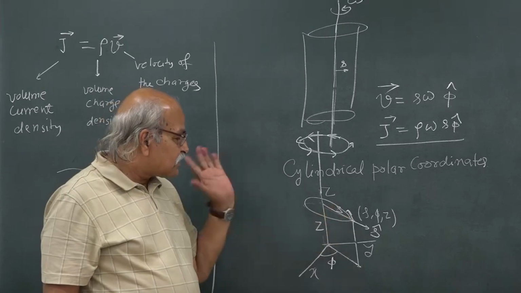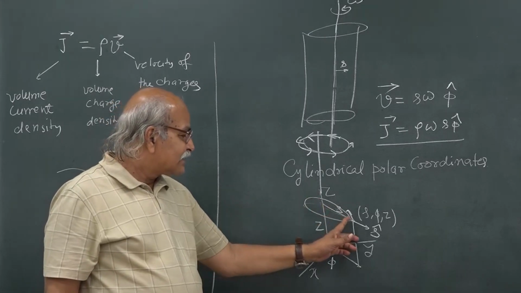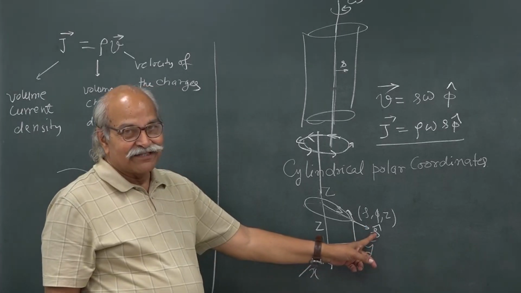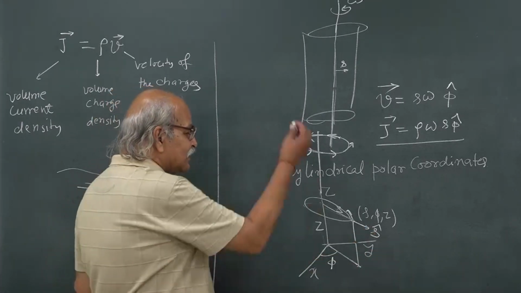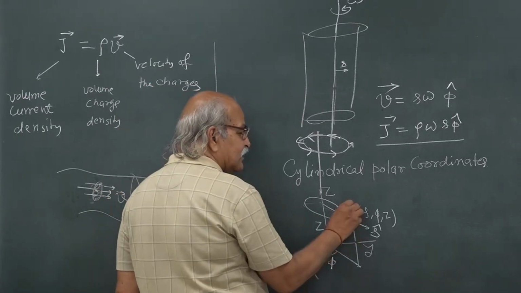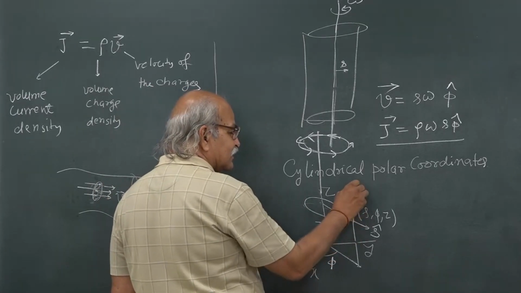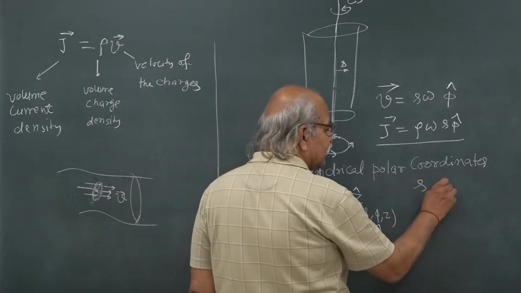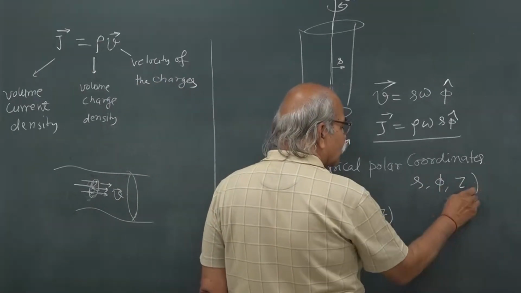So, if I just have to increase S, extend this line in this direction, it will go in this direction, that is the S cap direction. And the Z cap direction is vertical, of course, the direction in which Z increases. So, S, phi and Z, these are the coordinates.